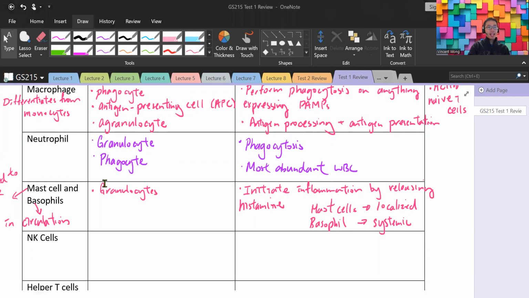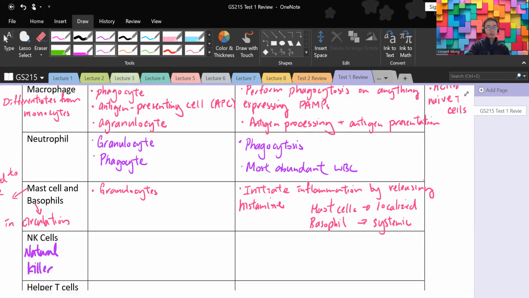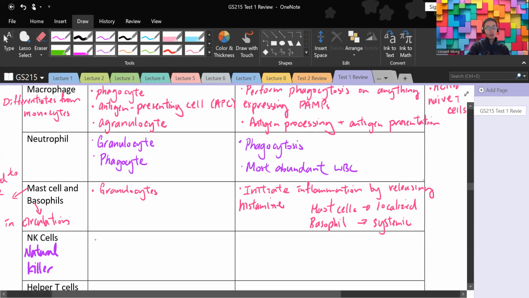Next, we have the NK cells, the natural killer cells. The function or the description, classification would be it is part of innate immunity. Right?